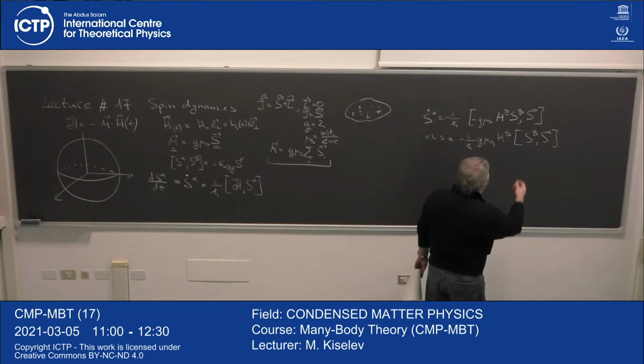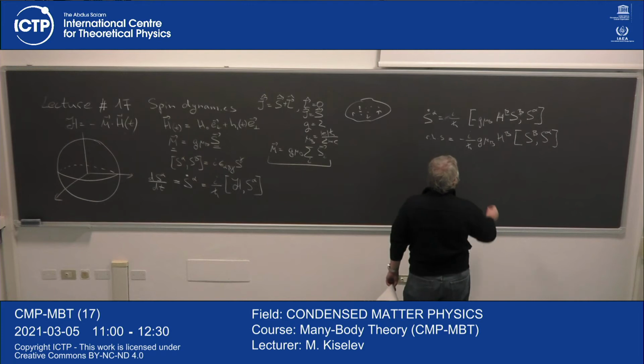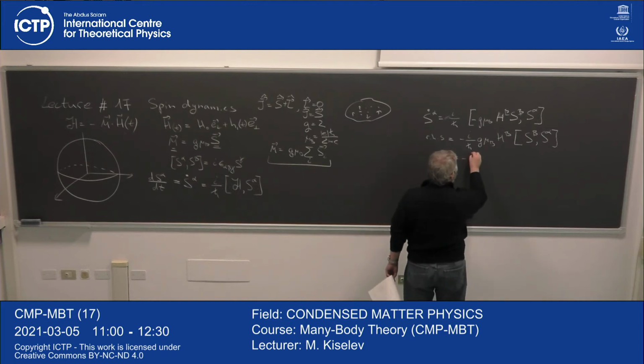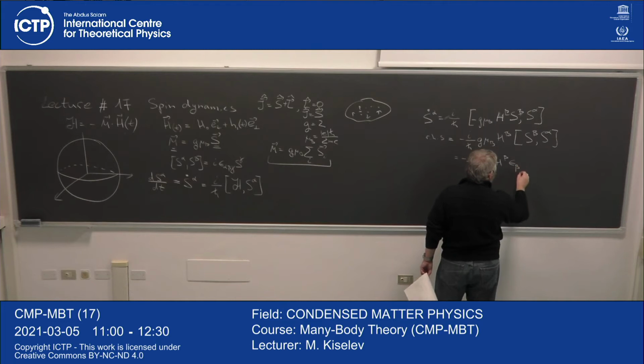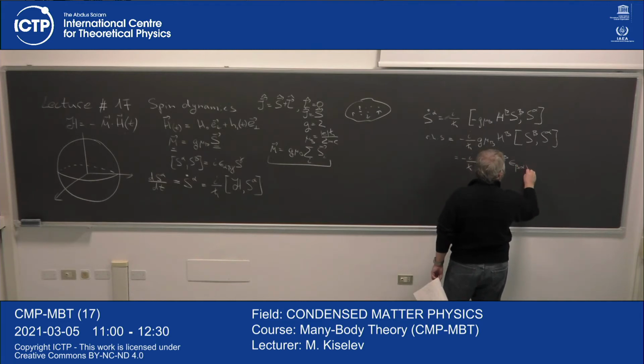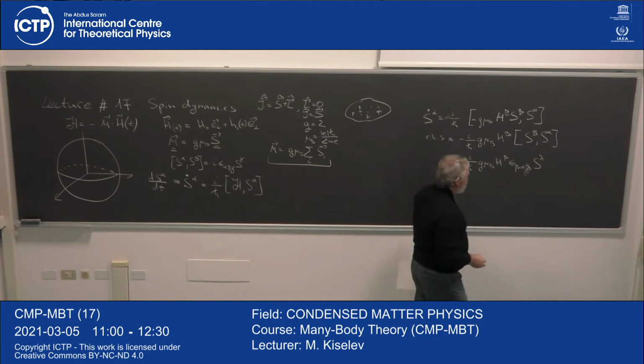Now the commutator s beta s alpha is in form equal to minus i over h bar g mu bar h beta epsilon beta alpha gamma, let me use lambda s lambda.